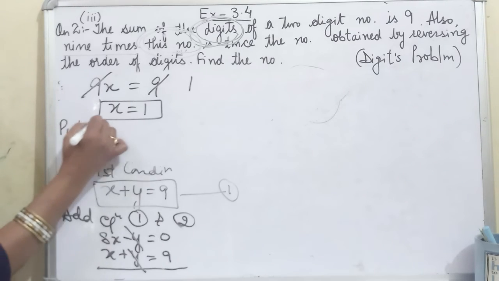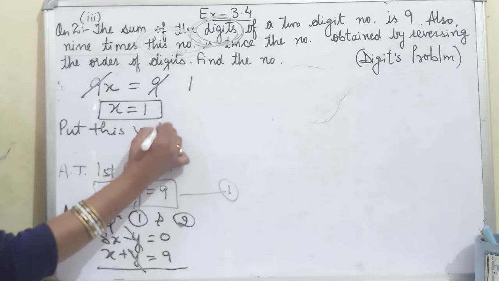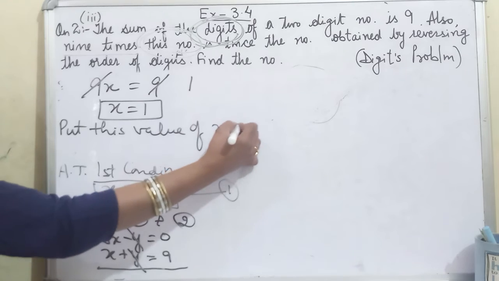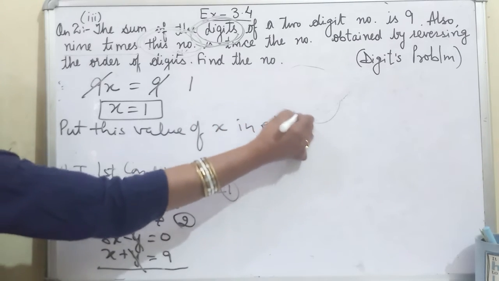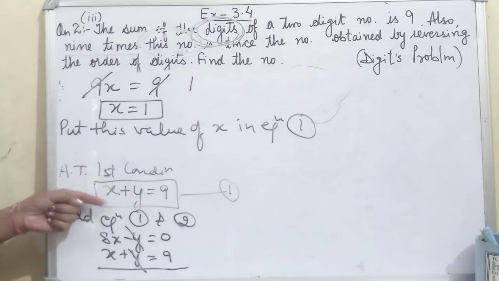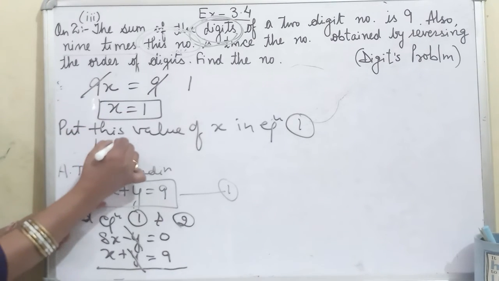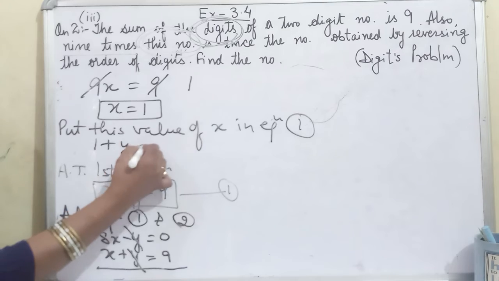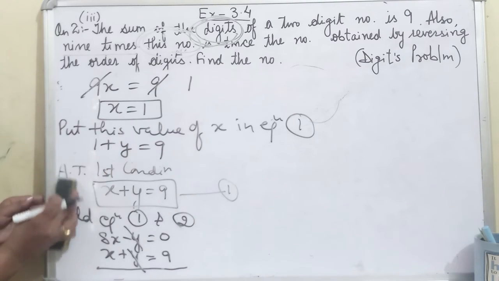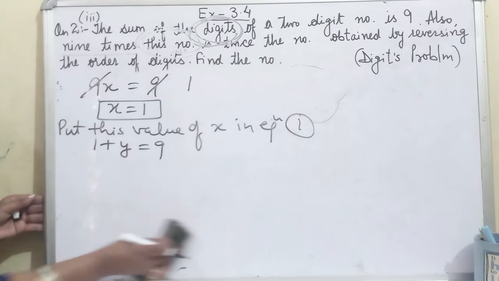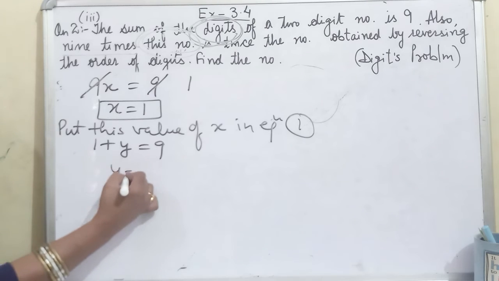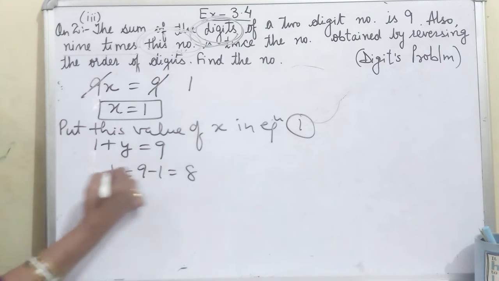Now put this value of x in equation 1, and this is the equation 1 we have. x is 1, so 1 plus y equals 9. And then we'll get the value of y from here, that is 9 minus 1 equals 8.